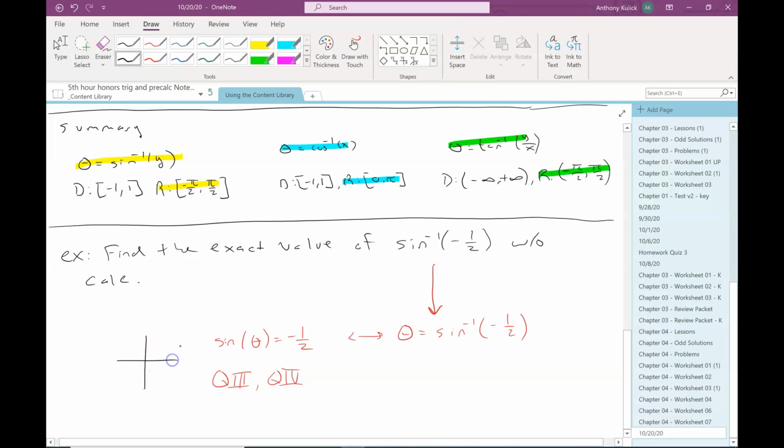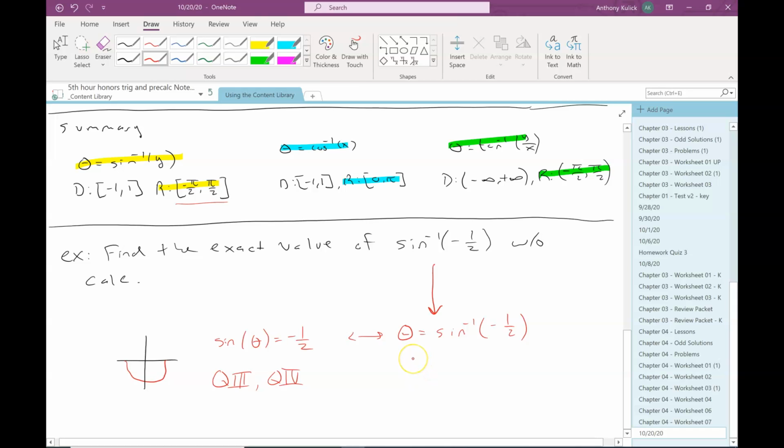So we're saying it's that part of the unit circle, right? Now, if I go over here and think about sine inverse, it has a range from -π/2 to +π/2.